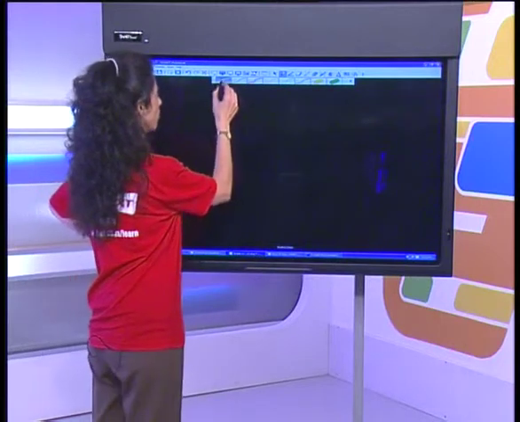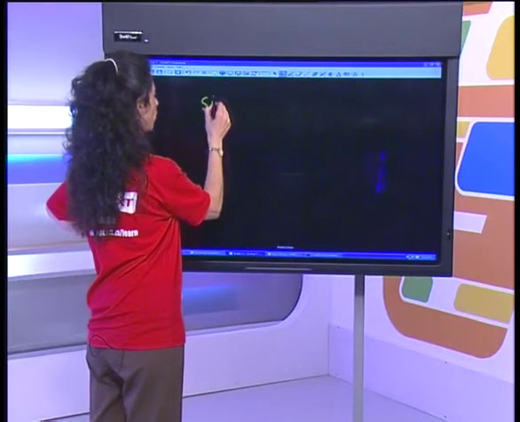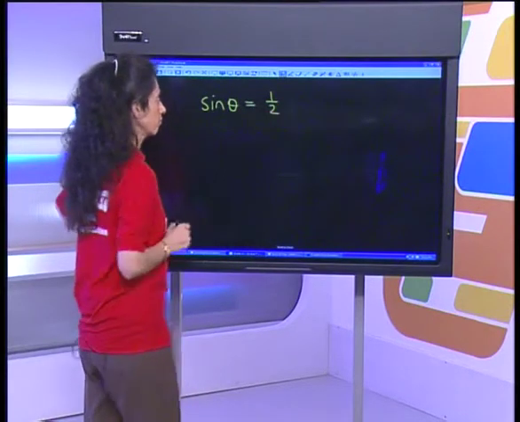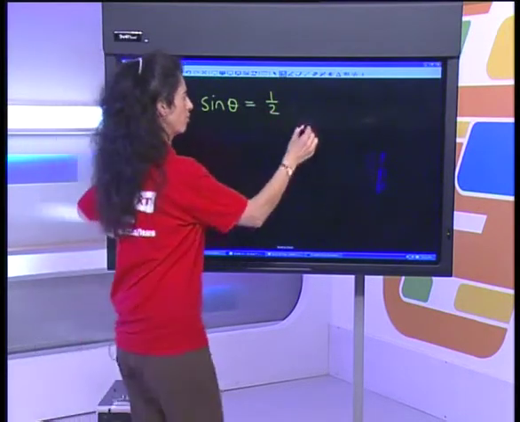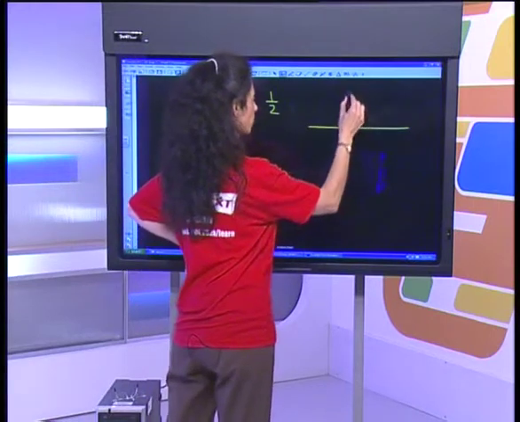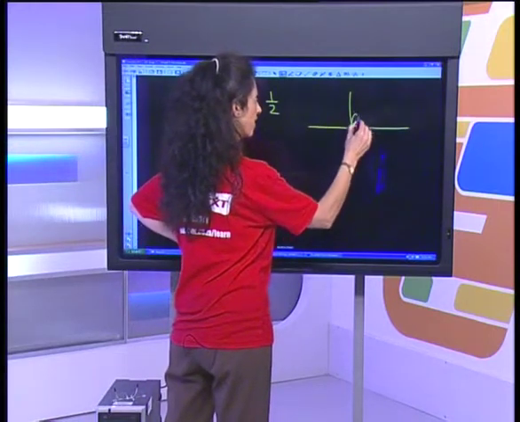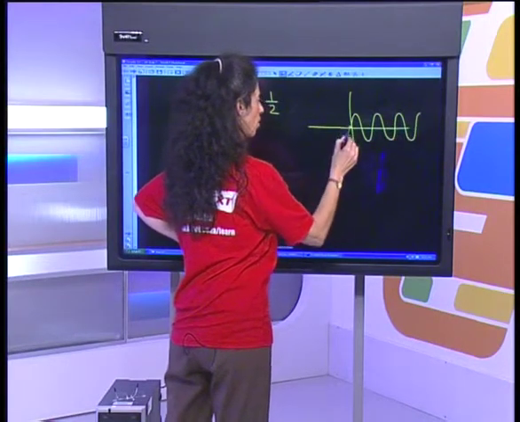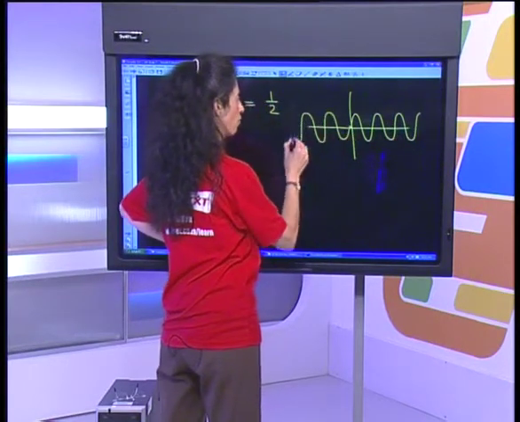If you are asked, for example, to solve for sine theta equals a half, then if we drew a very rough sketch of what my function looks like, we would have these cycles of maxima and minima of 1.